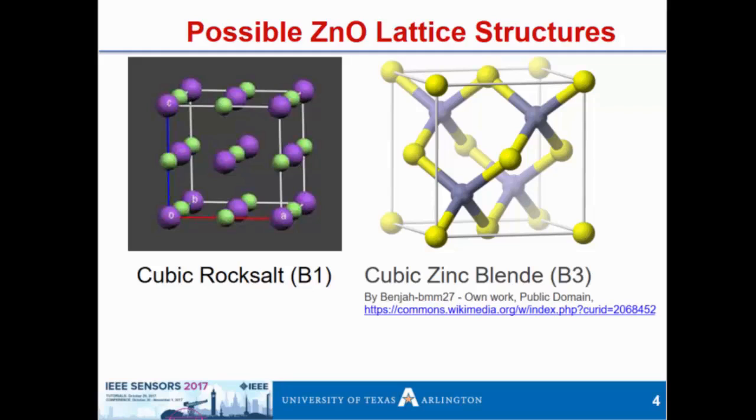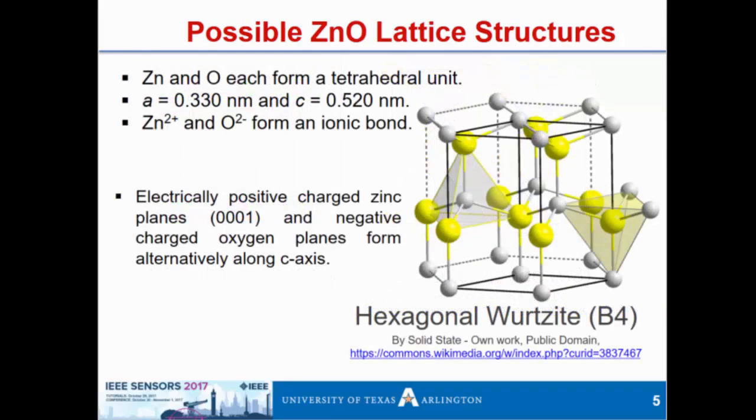If you were to use a cubic seed layer, it will tend to crystallize in cubic zinc blende. But most importantly, what we are interested in is that at ambient temperatures and pressures, it crystallizes in hexagonal wurtzite, where zinc and oxygen atoms form a tetrahedral unit with the oxygen anions and zinc cations occupying alternating planes in here and thus forming a dipole moment.